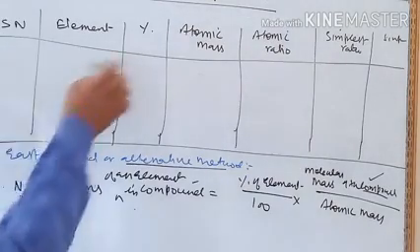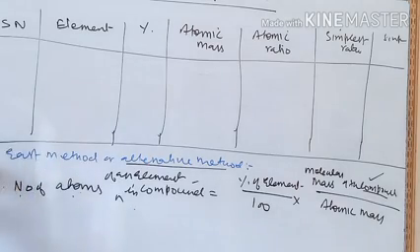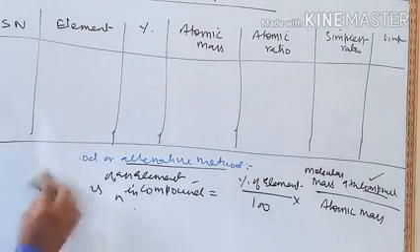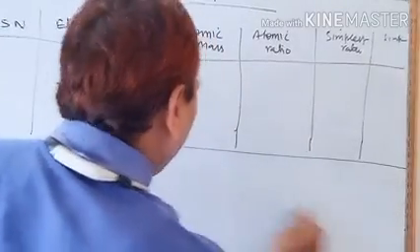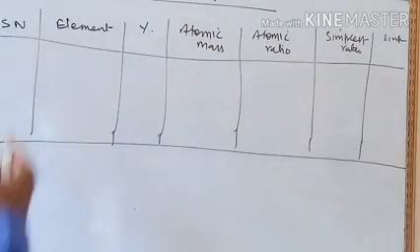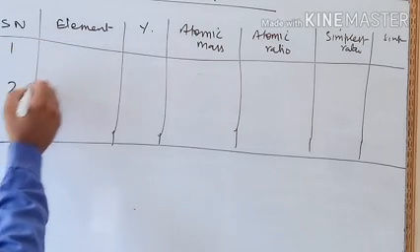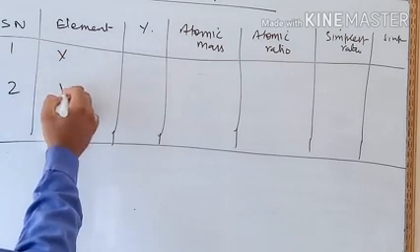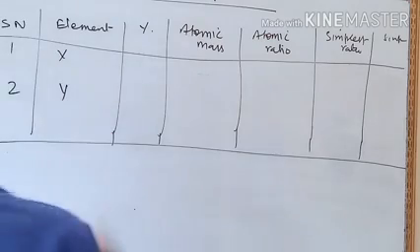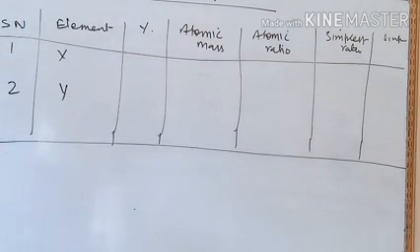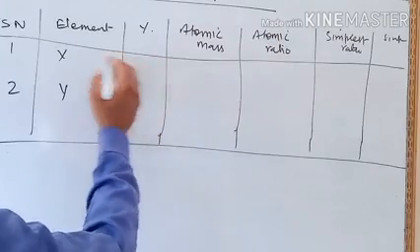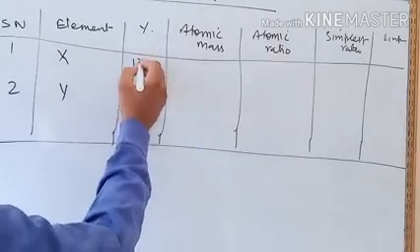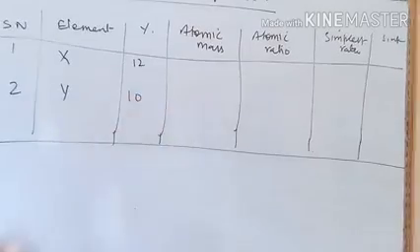Now we are using this traditional, conventional method to calculate this. So remember this formula. Now, suppose X element and Y element are given, and their percentages are given, suppose 12%, 10%.